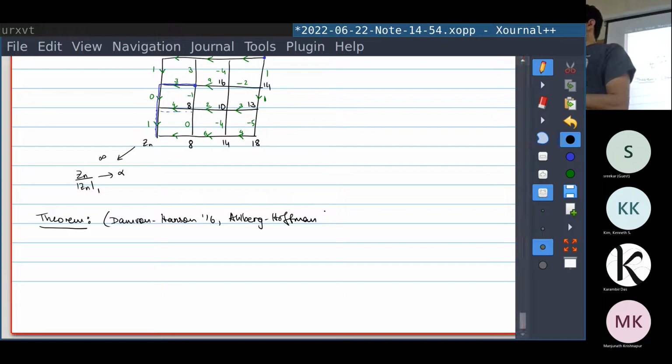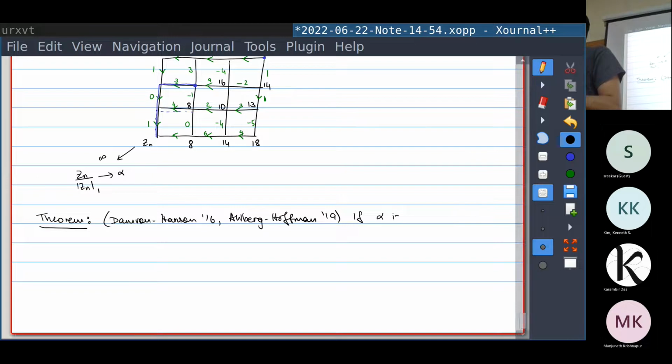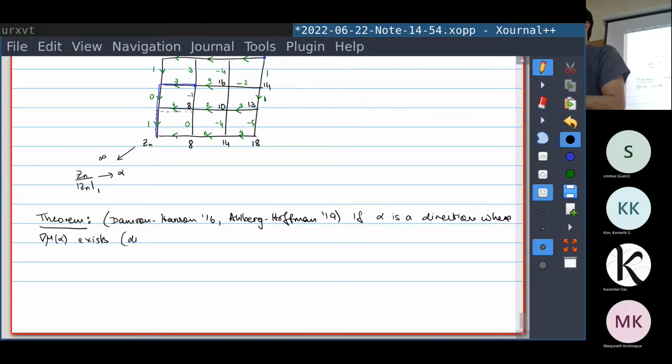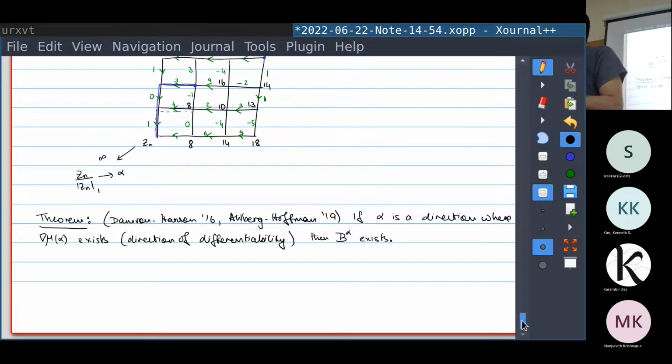I'm not being completely precise, but more or less, if alpha is a direction where grad mu of alpha exists, the differential, so it's a direction of differentiability, then B alpha exists. It's stationary, it has all these nice properties and so on.